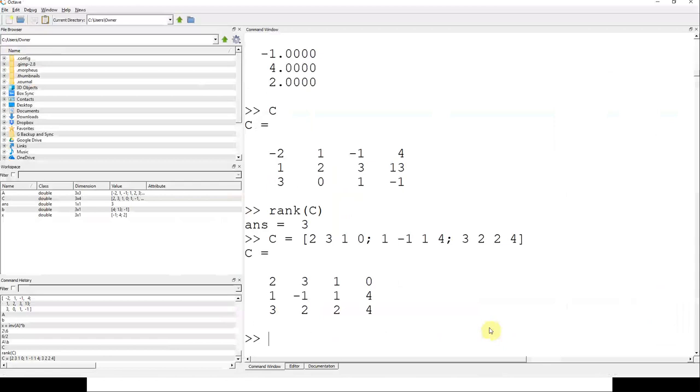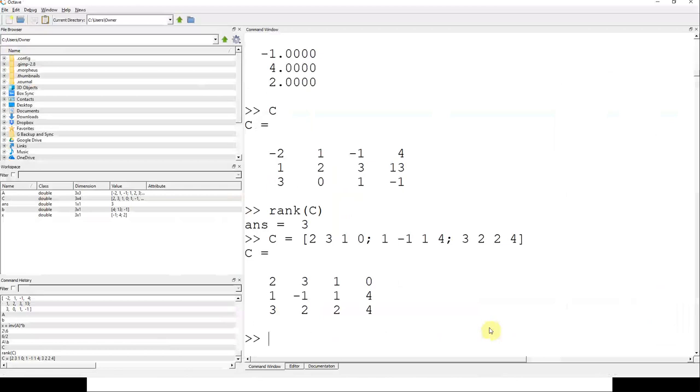So suppose you had 3 equations and you thought you could solve this, but it's actually 2 equations and 3 unknowns, because one of those equations came from the first 2. Understand what I'm saying? So sometimes you may have a complex system and you think you can solve it because you have the same number of equations as unknowns, but you don't realize that the rank is not the same thing as the size.